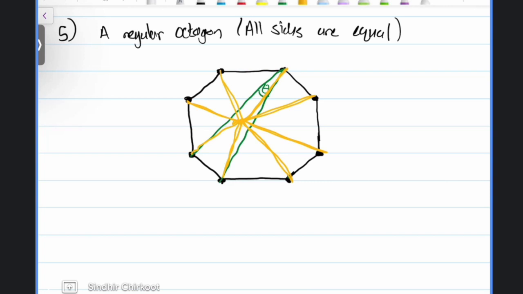Obviously it's not perfect here, but if we had to draw it like that, then how would you find the angle for one of those pizza slices? How would you find the angle for one of those pizza slices, guys? So exactly that. Zara, exactly what you said is what we're going to be doing.